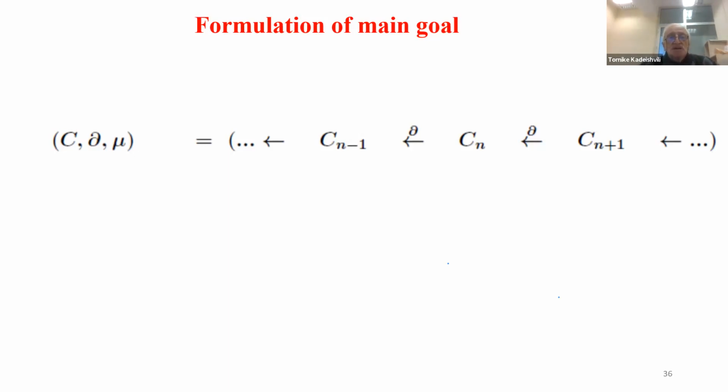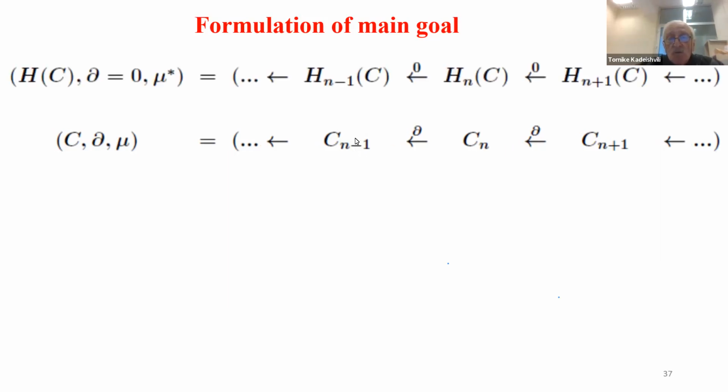And now let me formulate the main goal, which one knows very well. Take a chain complex C with differential D, and it has homology. Homology is just a graded object. It has only a collection, but I put here arrows 0.